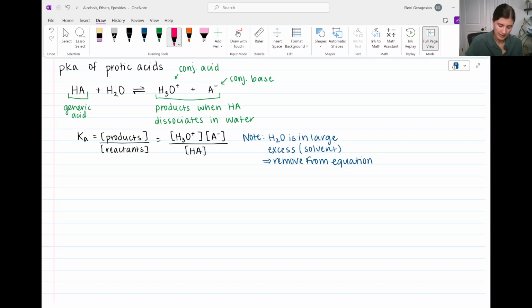And so if we have a strong acid, a strong acid is a molecule that's more willing to give up its hydrogen. Most of the molecules will have given up their hydrogen. If we have a stronger acid, then we're going to have a higher concentration of products, so more H3O plus and more A minus in solution.